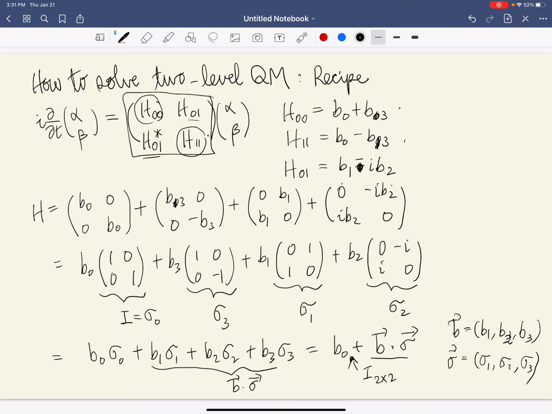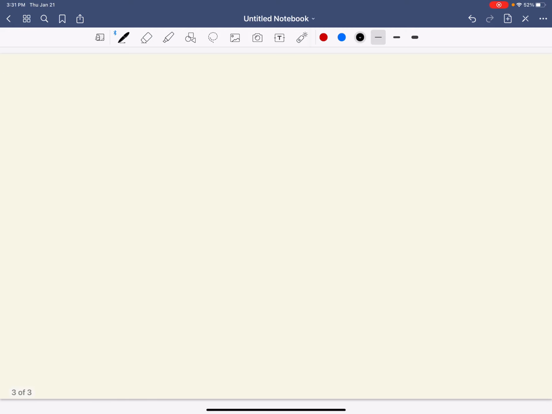Then through this manipulation, the two-level Schrodinger problem that we are setting out to solve looks like that.